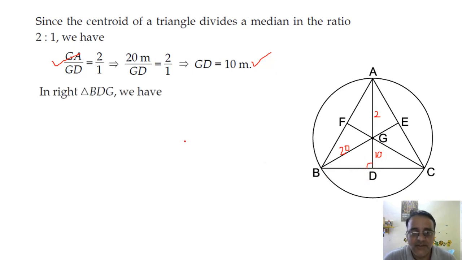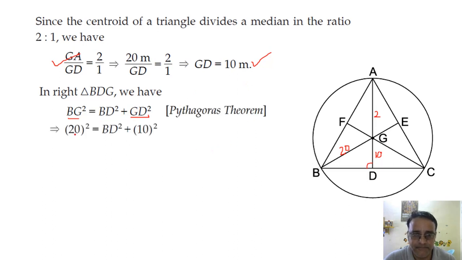Okay, so in right triangle BDG we have BG square is equal to GD square plus BD square, and the value of BG is 20 and the value of GD is 10, which we are going to substitute. 20 square is 400 and 10 square is 100, so we shift this here. So what will we get? BD square is 300. Right?